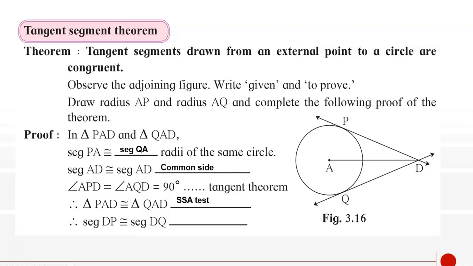So now I can say that triangle PAD is congruent to triangle QAD by SSA test of congruency. And on the basis of this, DP is congruent to DQ. Reason: corresponding sides of congruent triangles. So this is the tangent segment theorem. Tangent segments drawn from an external point to a circle are congruent.